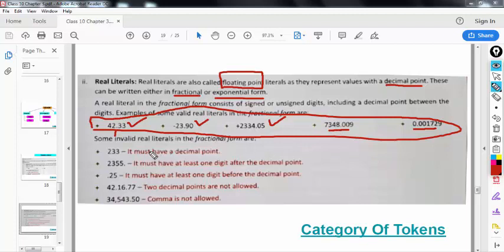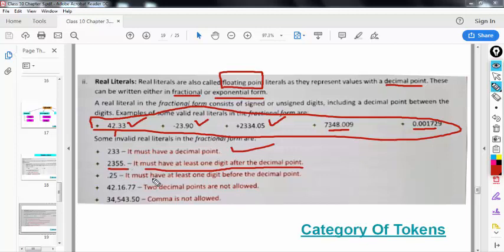So what are the points you must remember regarding real literals? It must have a decimal point. Okay, because if you do not give a decimal point, it will not be a real literal anymore, it will be an integer literal. So that is why a decimal point is necessary. Second rule is that it must have at least one digit after the decimal point, that is you cannot write 2355 point.